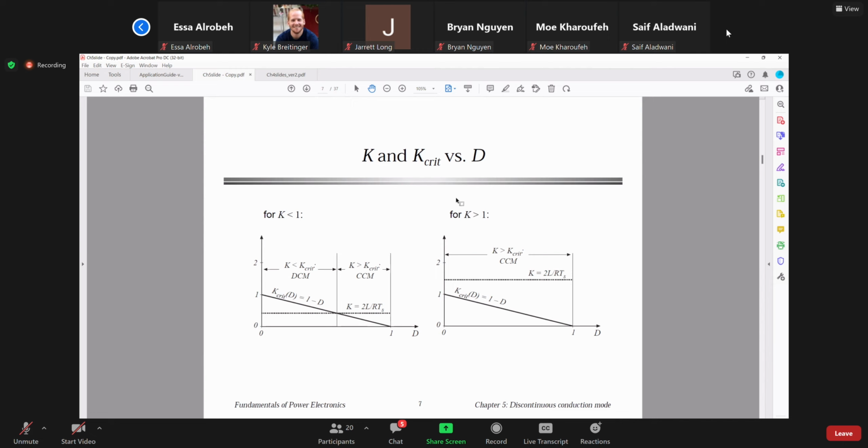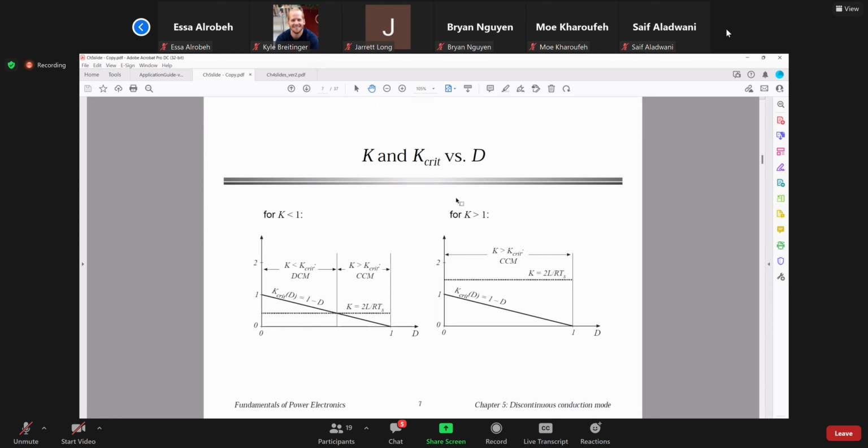If the K value, based on the parameters you've chosen, is always greater than 1, imagine K is 10, then your converter is always in CCM. K can be variable at the design stage. You have the freedom to choose L and Ts.